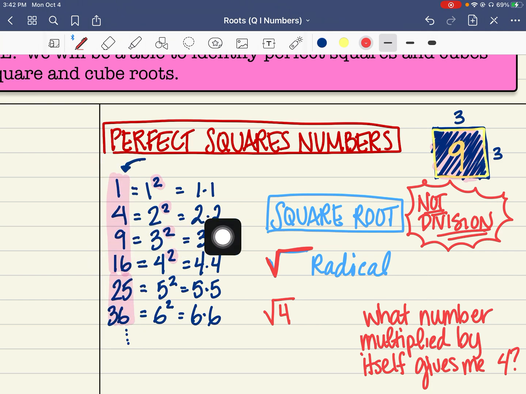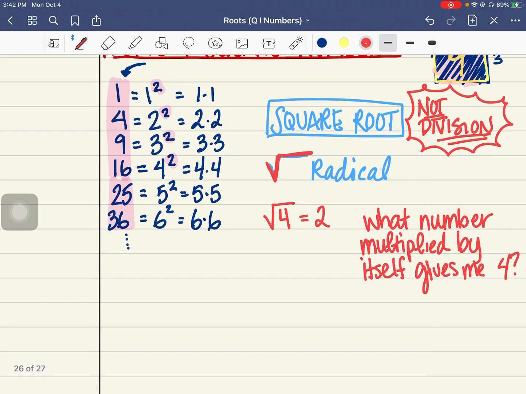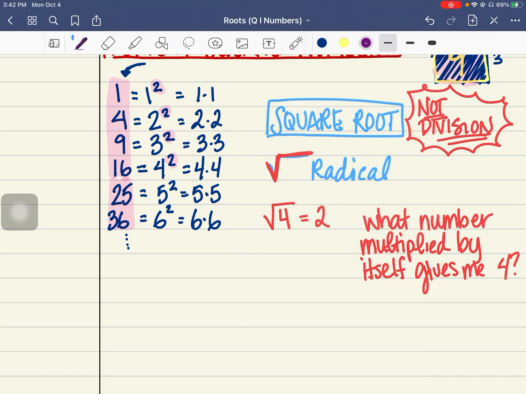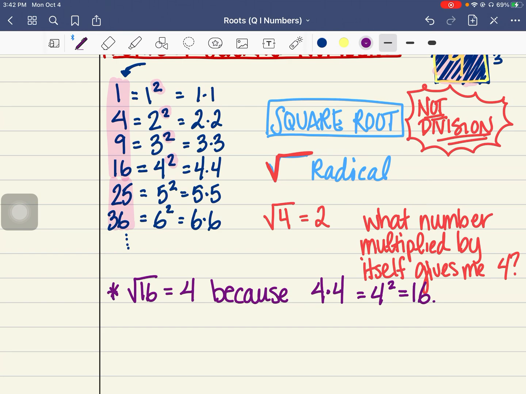The number that multiplies by itself is 2. So the answer here is 2. Another way we can write that, let's pick up purple. Let's say I want to find the square root of 16. Well, that's 4, because 4 times 4, which is 4 squared, is equal to 16. So I can show my work that way.